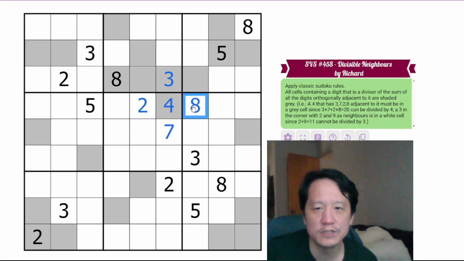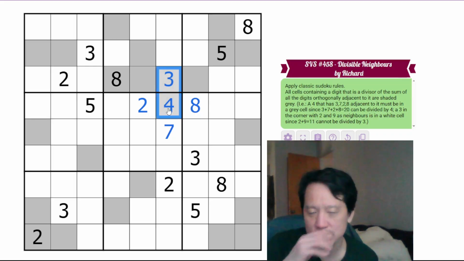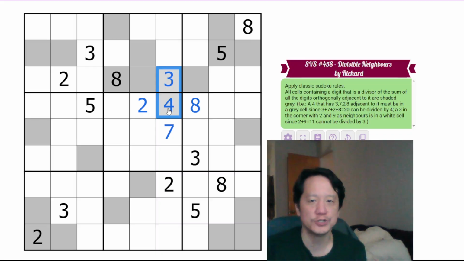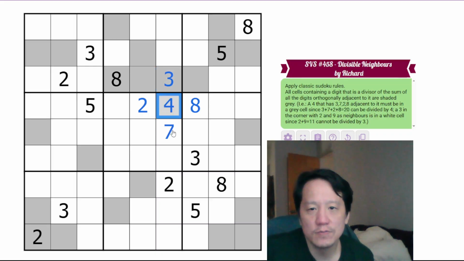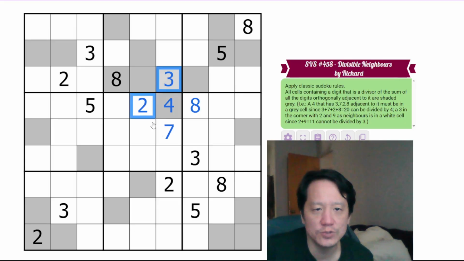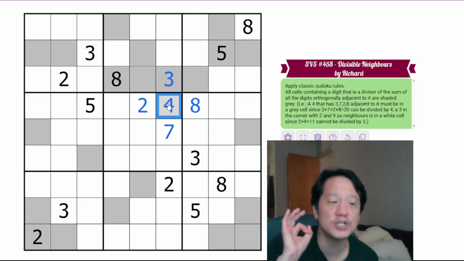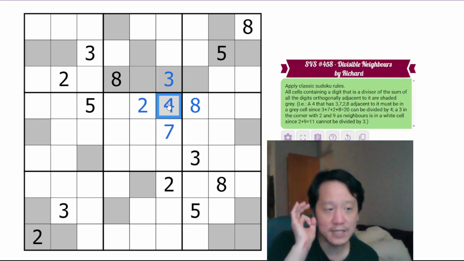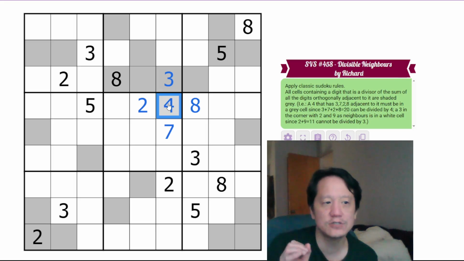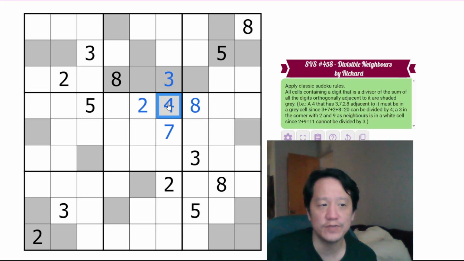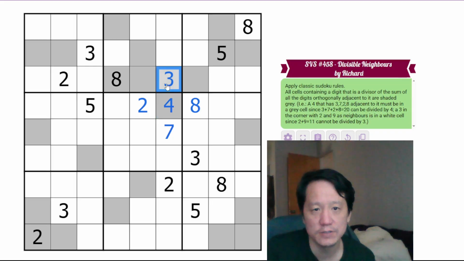So, what does it mean to be orthogonally adjacent? That just means they have to share an edge. So, if the digit in the gray cell can evenly divide into the sum of the cells that share an edge with it.